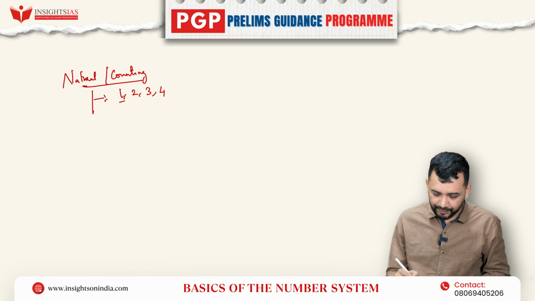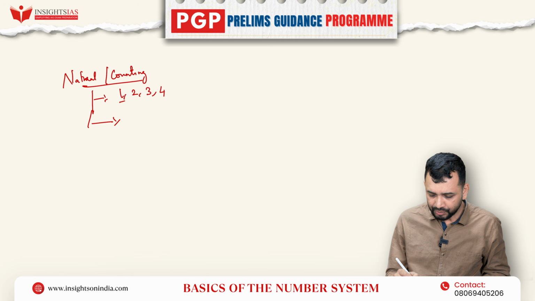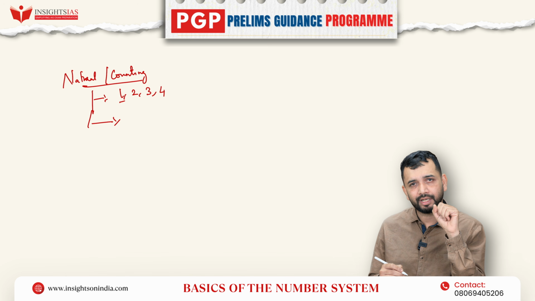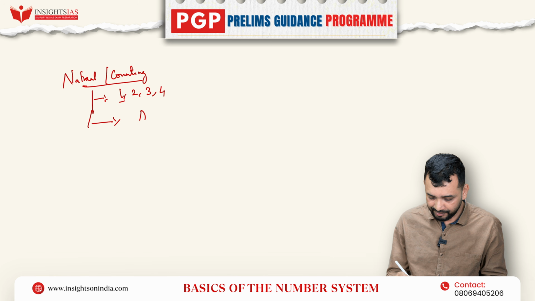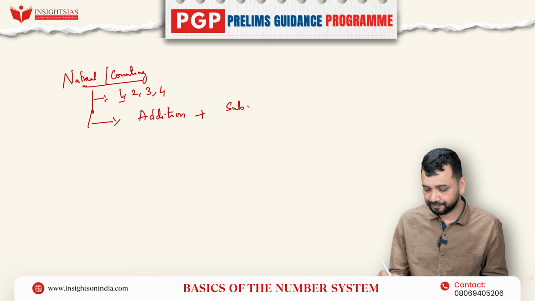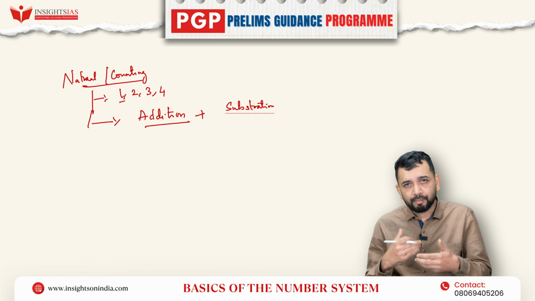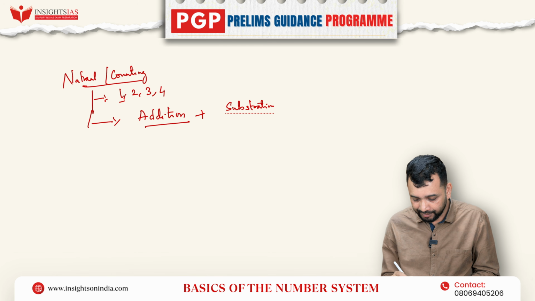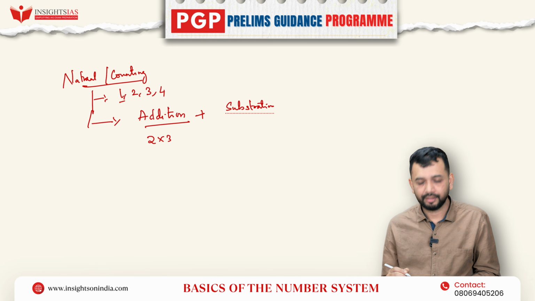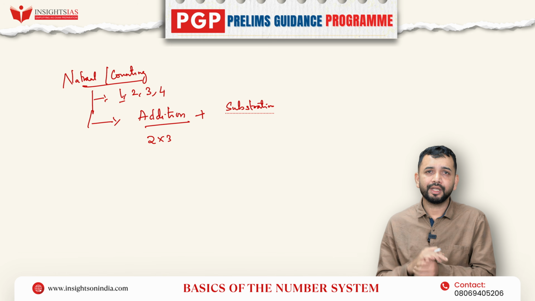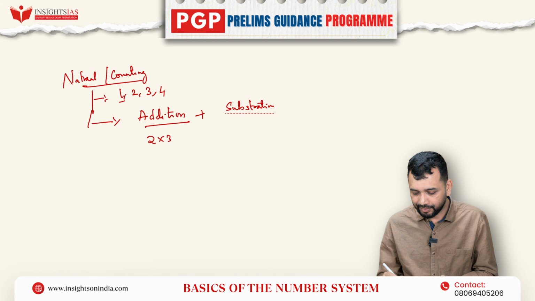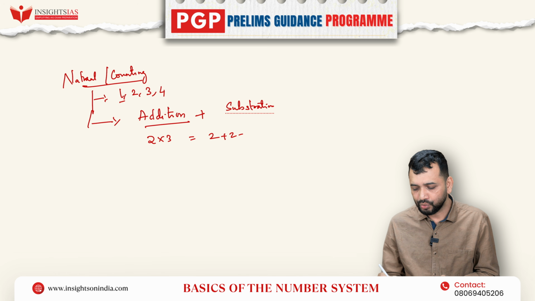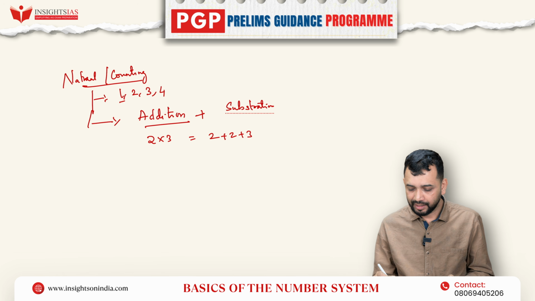The basic mathematical operations are addition and subtraction. Multiplication is nothing but consecutive addition. For example, if I ask what 2 threes are, though it is multiplication, if you look closely, we are adding 2 three times, symbolically.